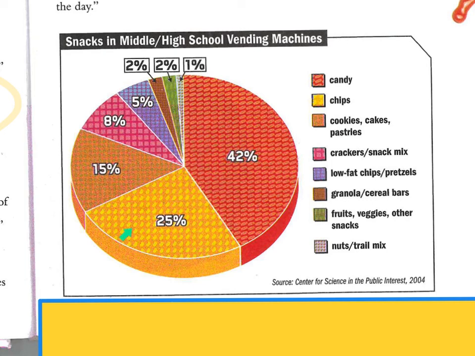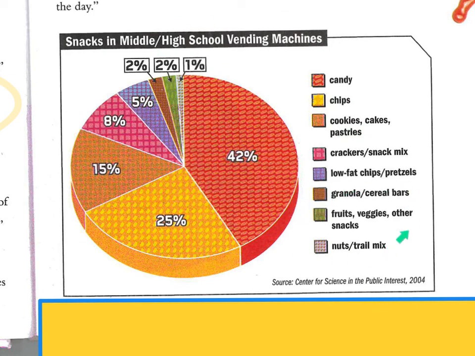Right, chips is 25%. Now you would say those are probably the two most unhealthy things for people to eat all the time, candy and chips. They're also the two yummiest, but the two most unhealthy, along with this one. Okay, so what are the smallest percentages sold?